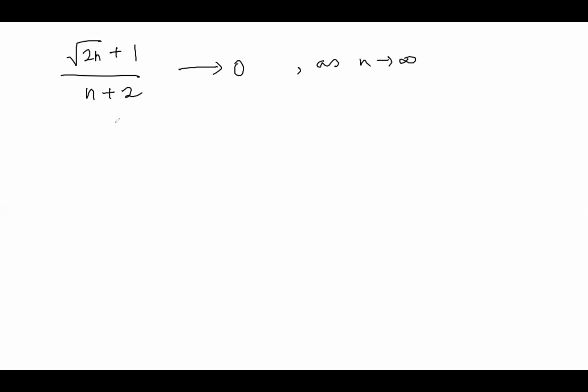So your left-hand side is equal to this. We can remove the absolute value and epsilon because it's definitely positive.